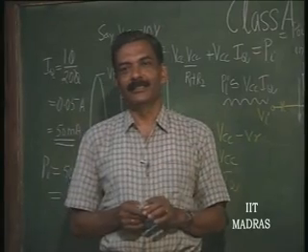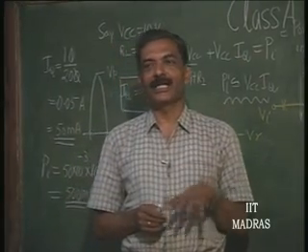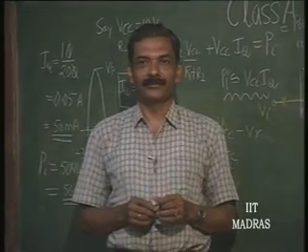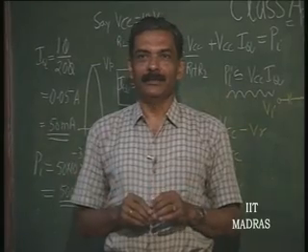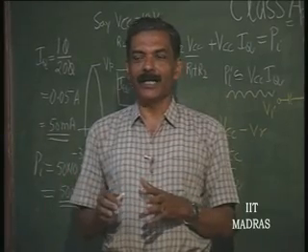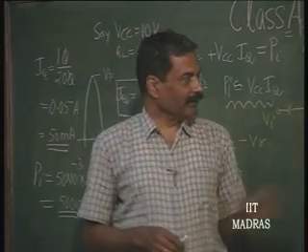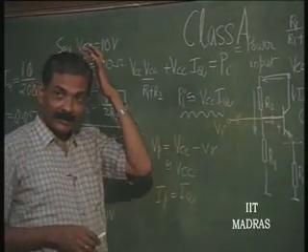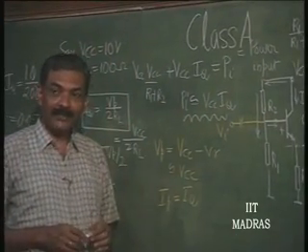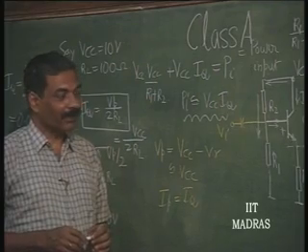That is really what is called class B operation. You will be sleeping, and only when the signal comes, you are getting ready. So, class A operation is an inefficient way of power amplification.